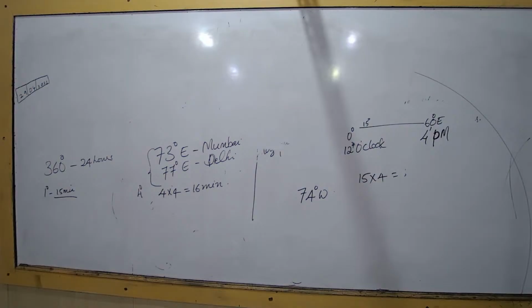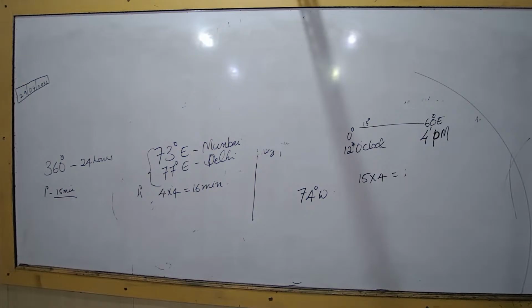Understood? 74 degrees means 74 into 4. That is 296 minutes. When 296 is converted into hours, how can you convert minutes into hours? Divided by 60. 4 hours 56 minutes.